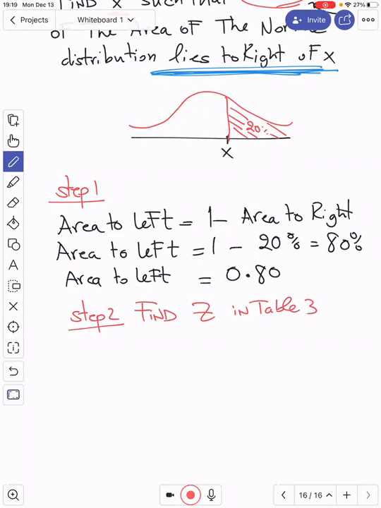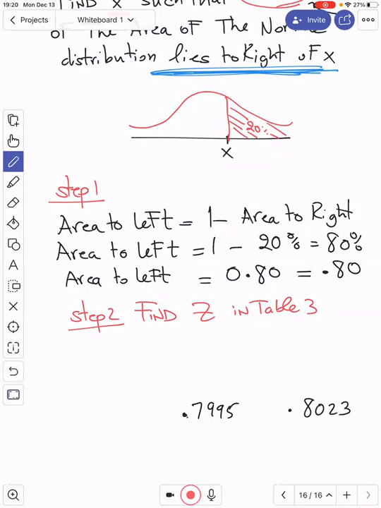Like, again, in table 3 the numbers are increasing, and you need to find 0.80. So if you check in table 3, numbers are increasing, and then at some point you have 0.7995, and then 0.8023, right?